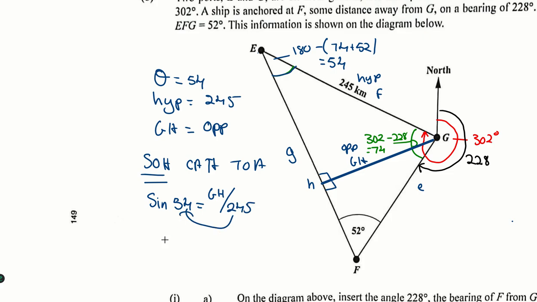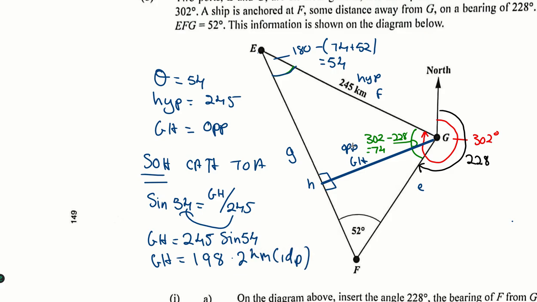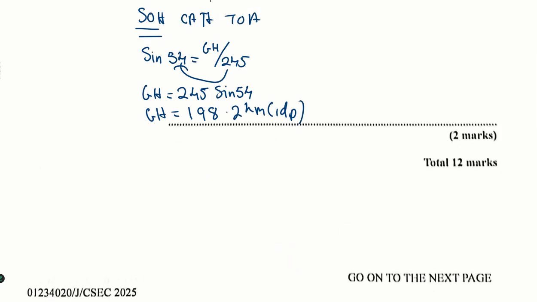You carry this across, so GH will be 245 sine 54, and so GH is going to be 198.2 kilometers to one decimal place. And that is how you would find the length of GH. And that is the end of January 2025.